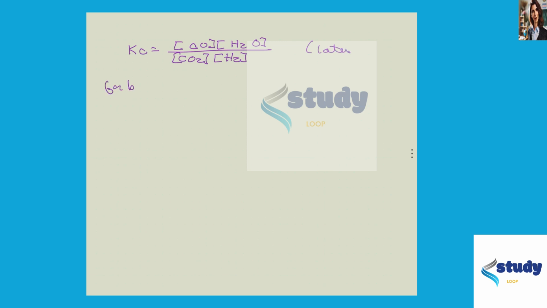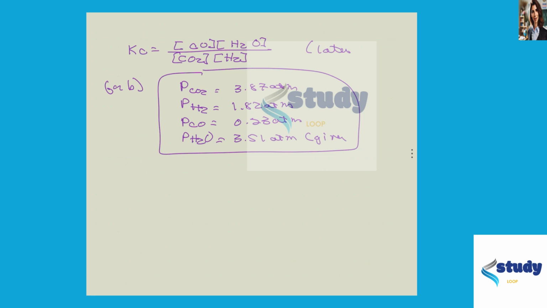For B, my answers are my partial pressure of CO2, my pressure of H2, my pressure of CO, and my pressure of H2O was given. That was given as 3.51 atmospheres. This was 3.87 atmospheres, 1.82 atmospheres, and 0.23 atmospheres. So there are my answers for B.